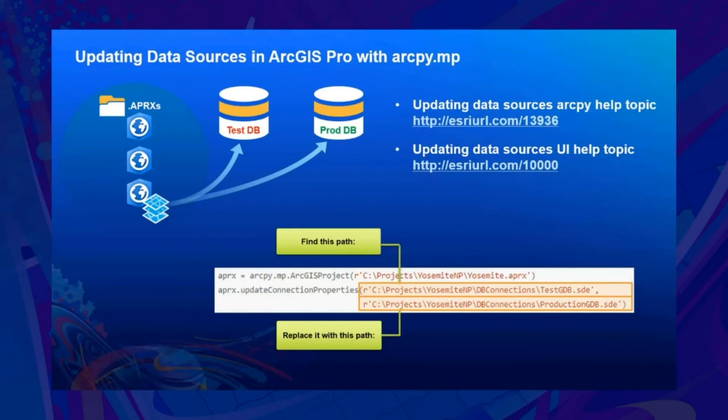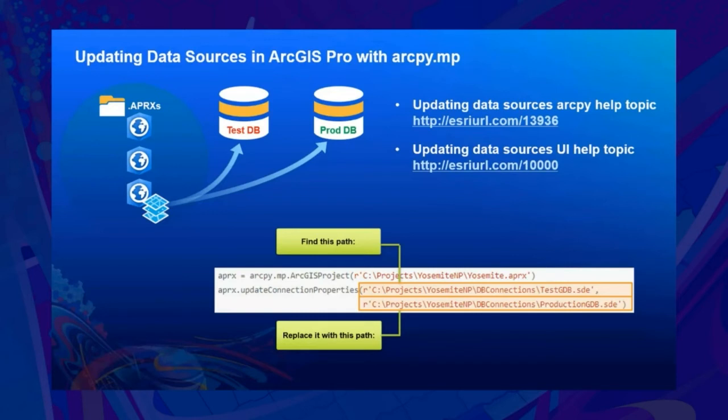This would be a good workflow to automate with a script, because perhaps you have many layers inside of many projects that need to be updated. In the Arcpy.mp API, we have methods for updating data sources. And there's a link to the help topic on this slide that has many examples.